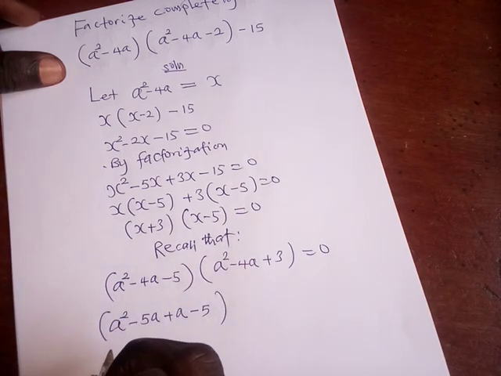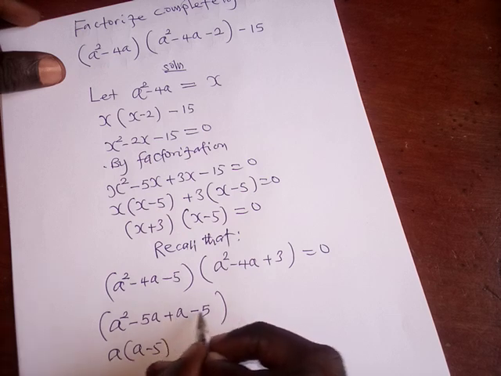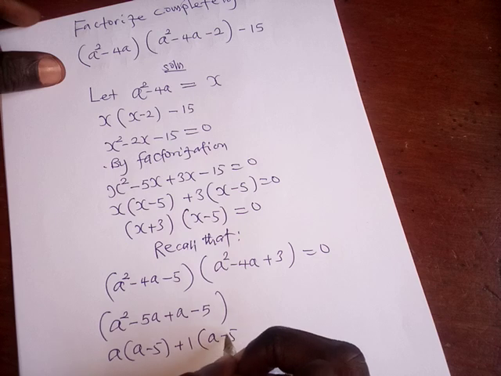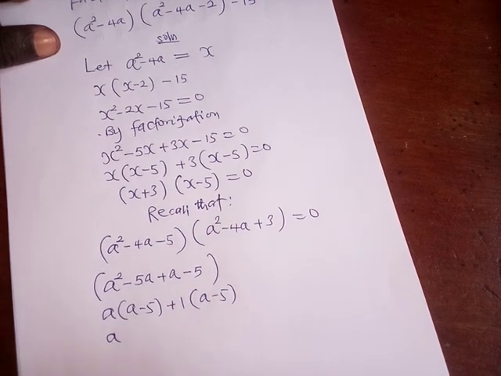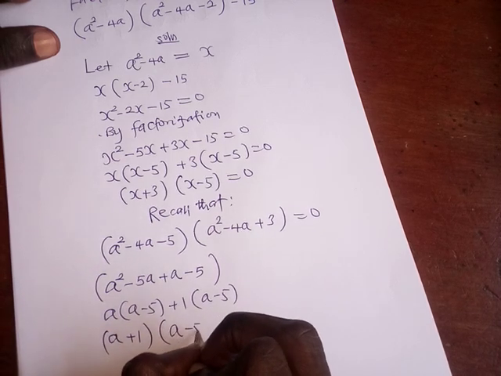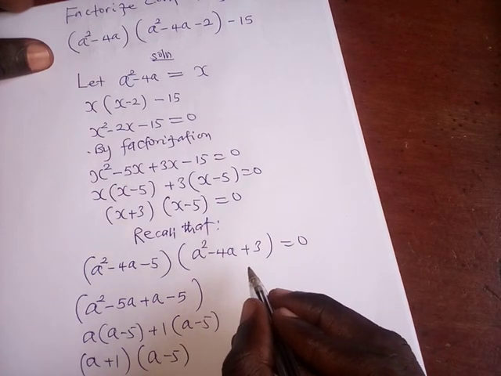Then this becomes a into a − 5. Then what is common from the two sets also? It is plus 1 into a − 5. Therefore this becomes (a + 1)(a − 5). Then similarly, let us look at this other set.